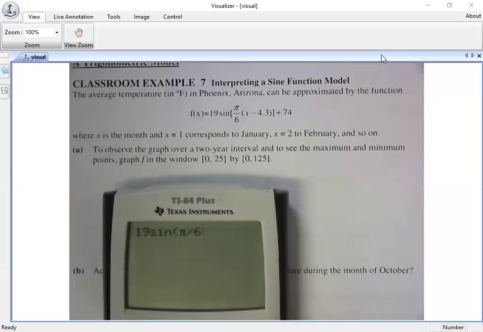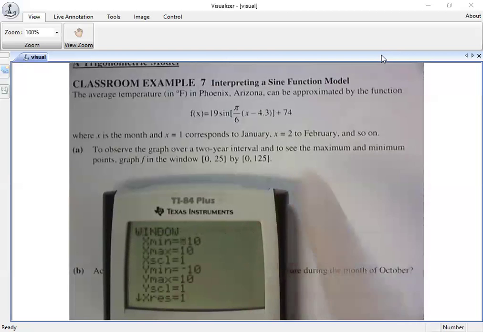And then in another parentheses, I'm going to put X minus 4.3. And close that off, and then I'll add the 74. I'm going to set my window the way they suggested, where it'll go from 0 to 25, and then from 0 to 125.